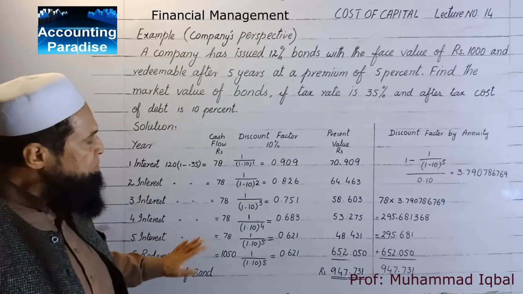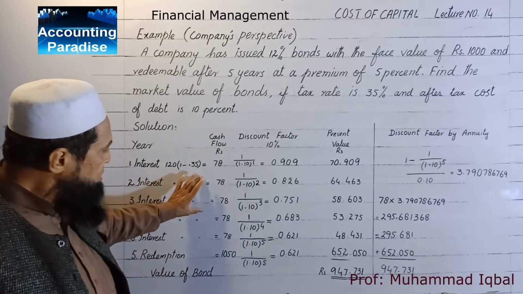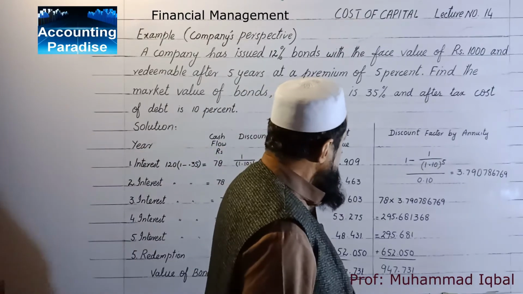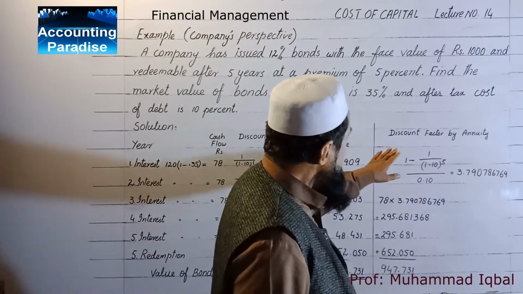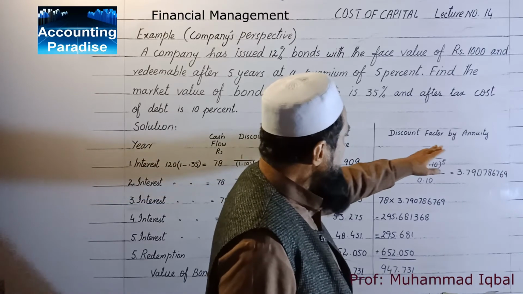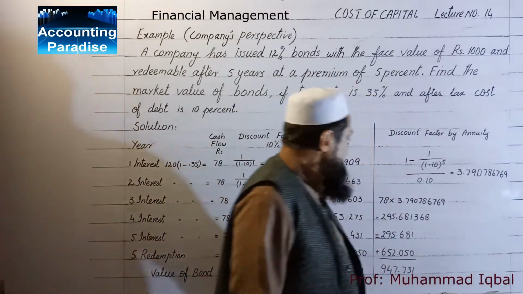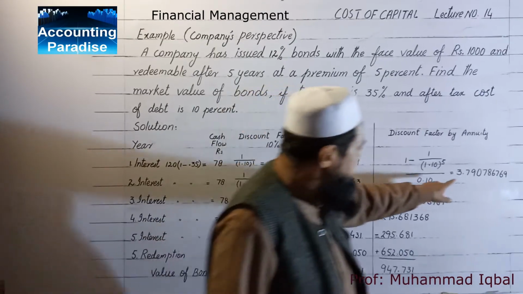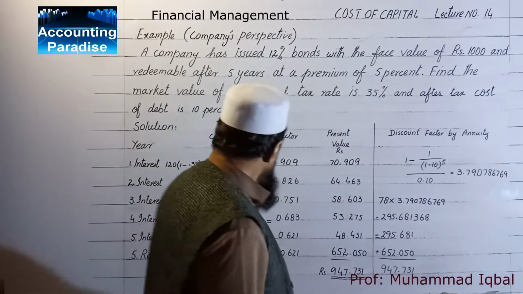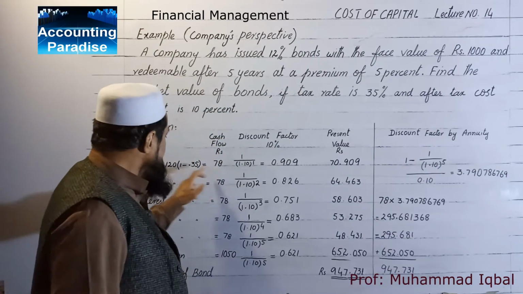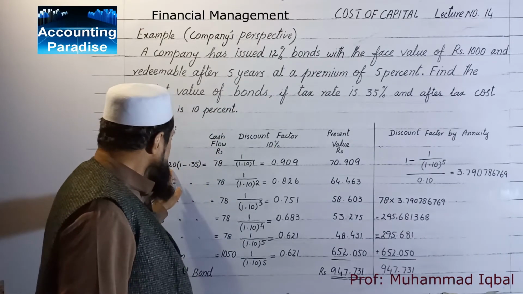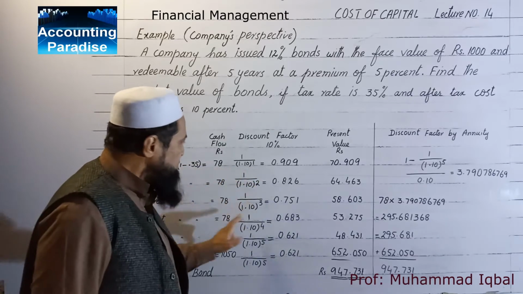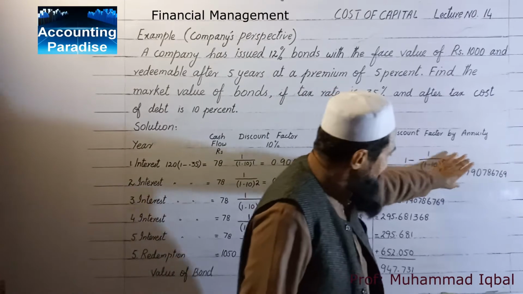We can also do this solution with the help of a discount factor calculated by the annuity. The formula for annuity is this, and the factor comes to this. Now, instead of multiplying each value with the 1 year factor, 2 years factor, 3, 4, this is the total 5 years factor.